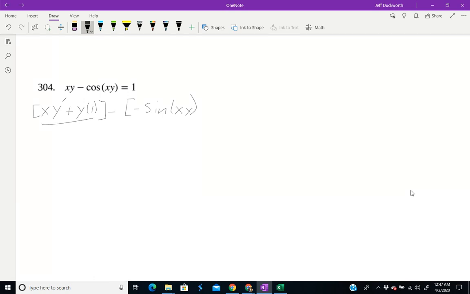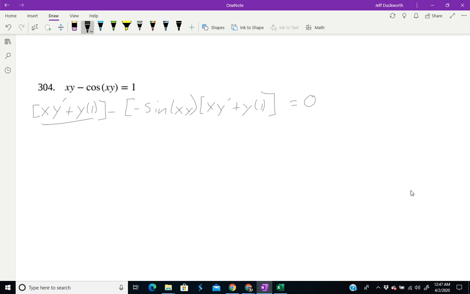So it's x y prime plus y times 1. And the negatives are going to cancel and make a positive, so we're good there. And this all equals the derivative of 1, which is 0 because the derivative of any constant is 0.